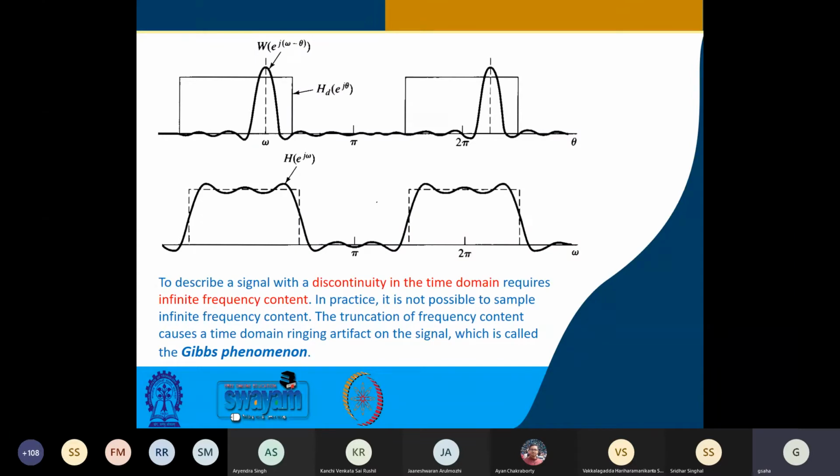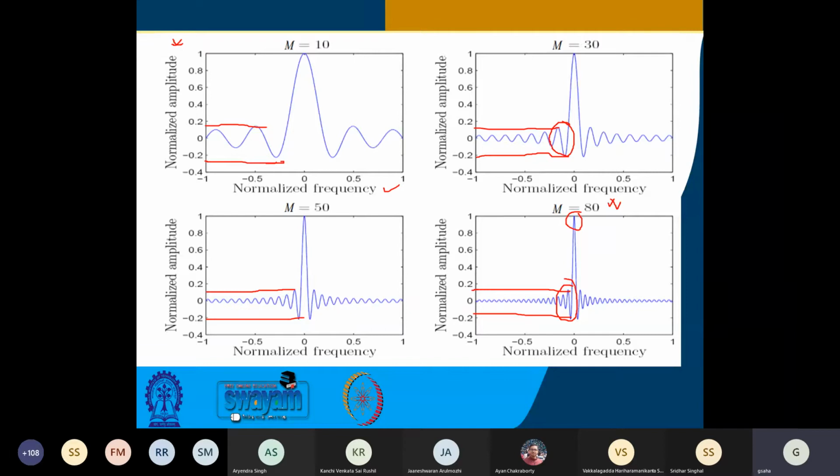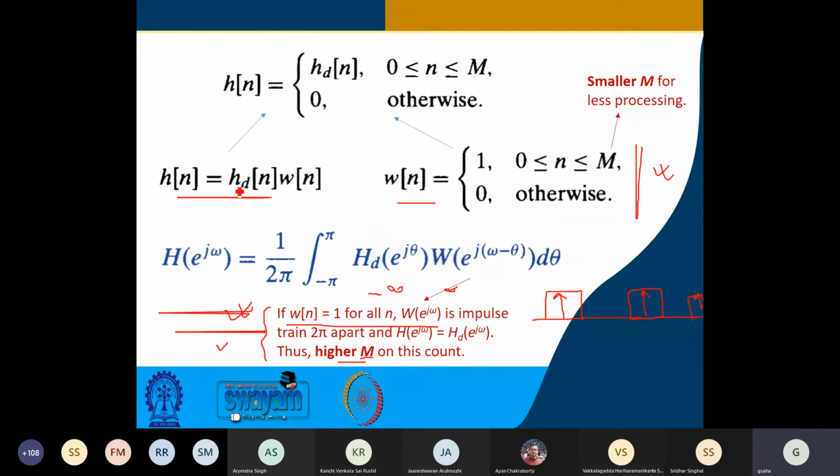Now here we see the meaning of the convolution equation. So this part you have understood, this W and its effect on increasing the M. Now we are looking at the convolution equation. So what is the convolution equation?